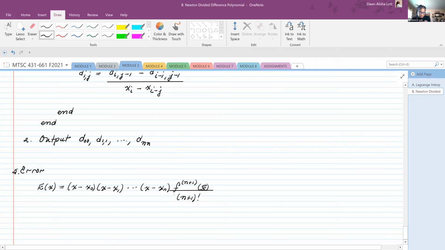And that you can compute provided that you know what the function originally was.